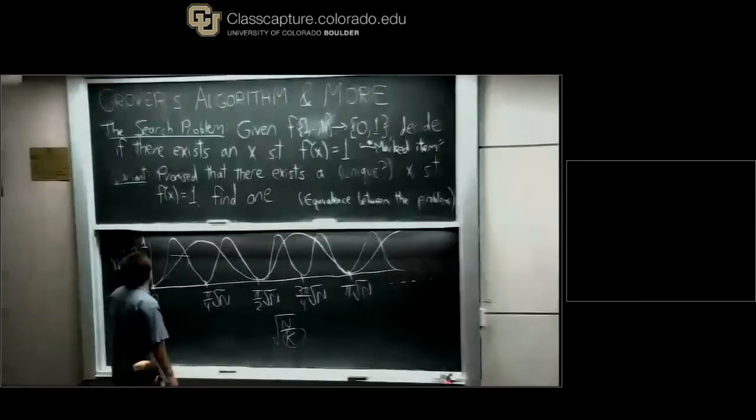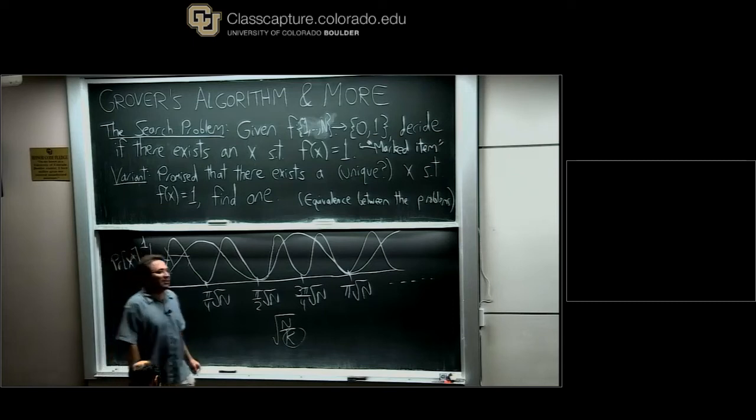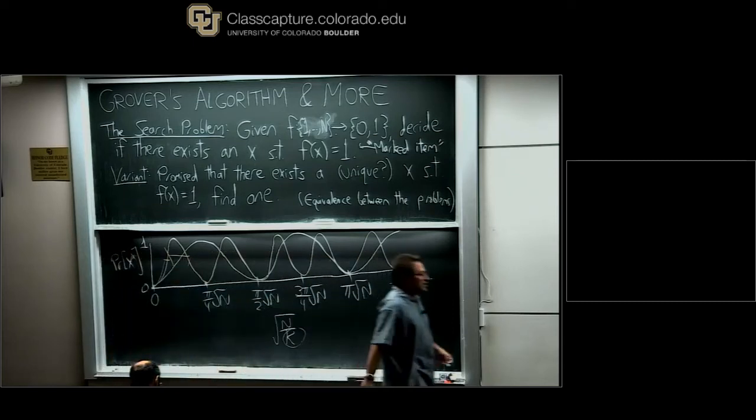Because once again, if I was a little bit off about the rate, I could just pick some random time at which to measure, and I'll still have a constant probability of finding the marked item. Not necessarily probability 1, but even if it's probability half, then I just have to repeat the algorithm a constant number of times on average.